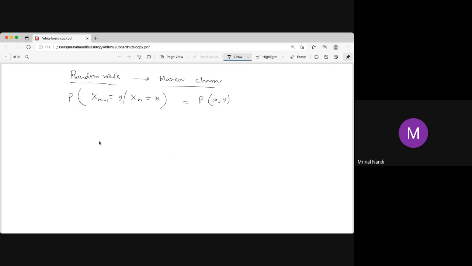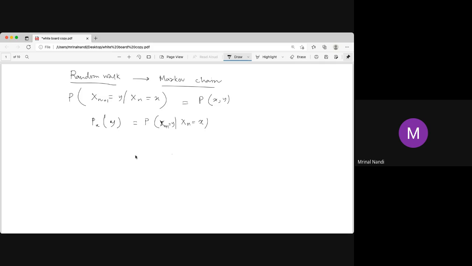From there we define Px, the probability of some event, starting at x. Say the event is y, then it is the probability of xn plus 1 equal to y.